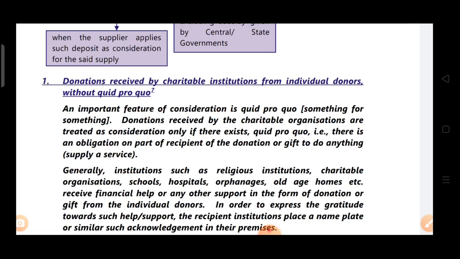He's bound to supply something. So the one receiving the consideration in this example is the charitable institution, and it must have an obligation to supply a service. Then only will this donation be treated as consideration.